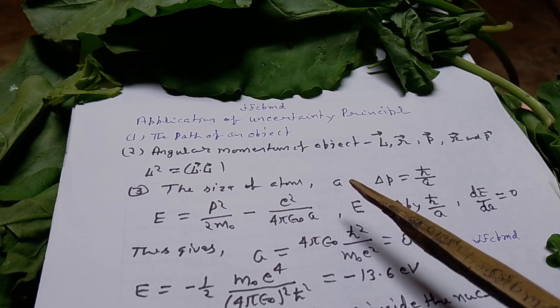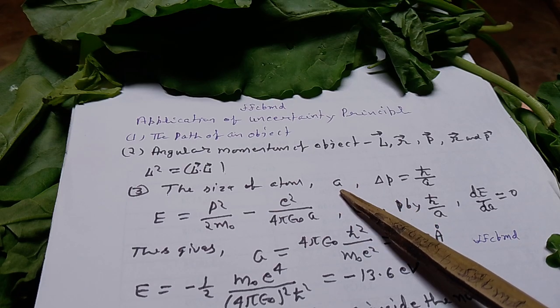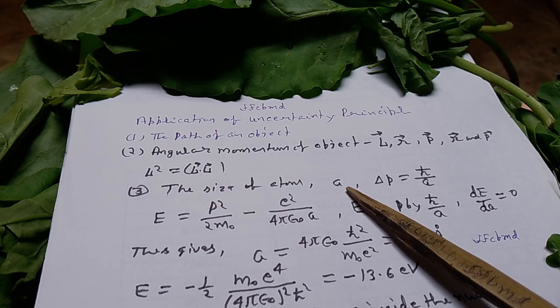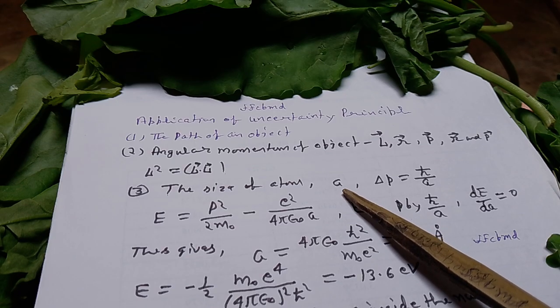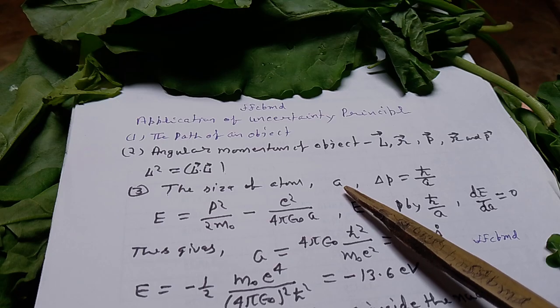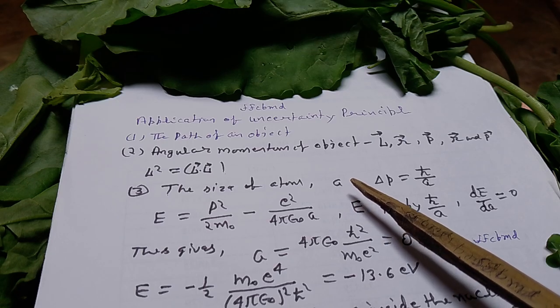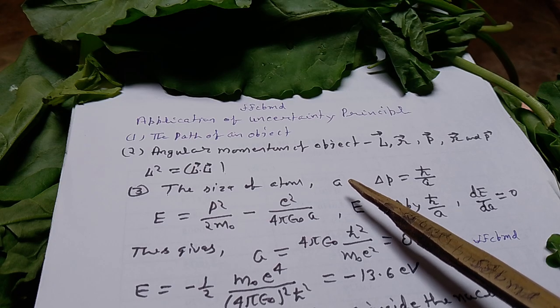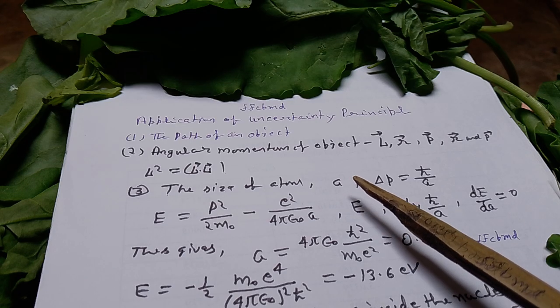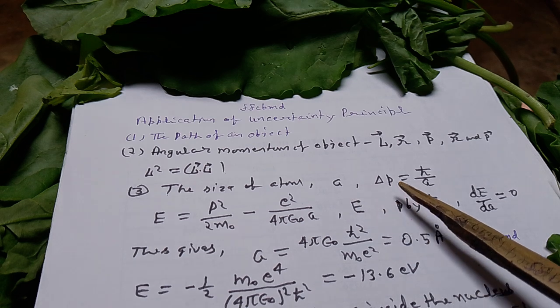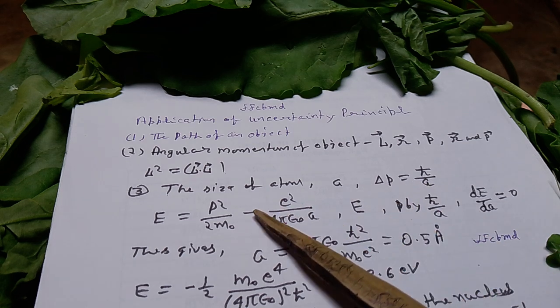If we assume the size of the atom to be A, then the uncertainty in the position of the electron is about A. That is, the electron is inside the atom. Hence, according to the Heisenberg uncertainty principle, the uncertainty in the electron's momentum is given by delta P equal to h cut by A.